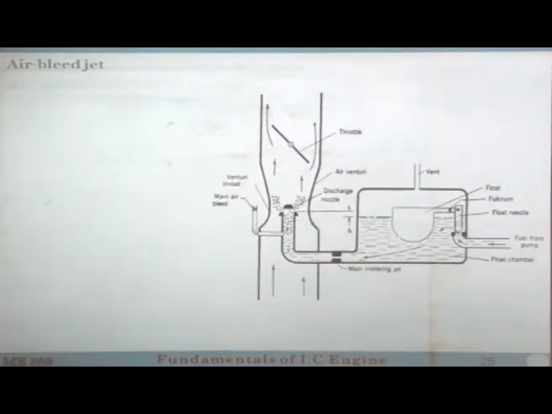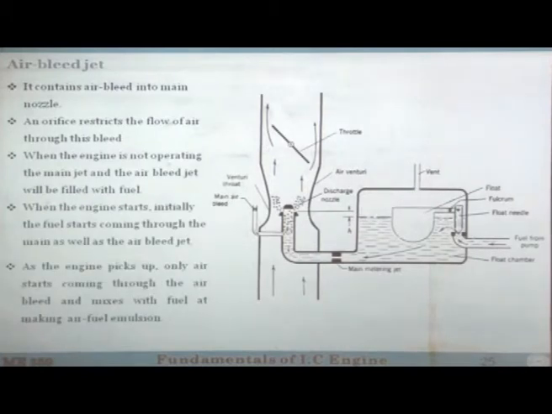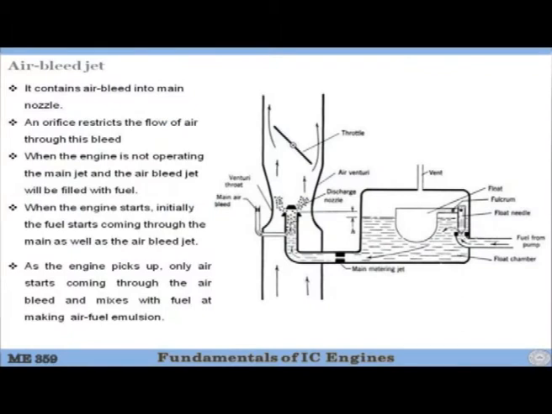Air bleed device, what is this air bleed device? You see here this is the throttle, this is the throat and this is your main nozzle. This is the main air bleed, and this is your main nozzle connected to the float tank, and this is your float and this is the needle valve.